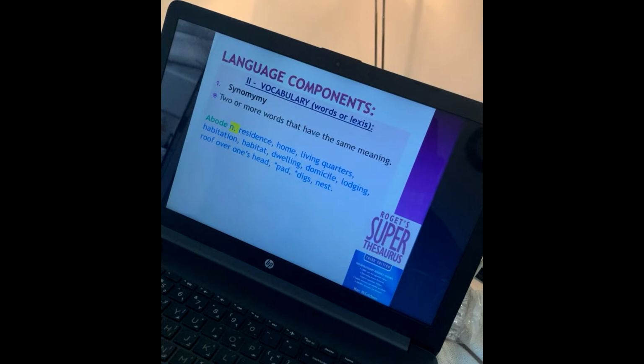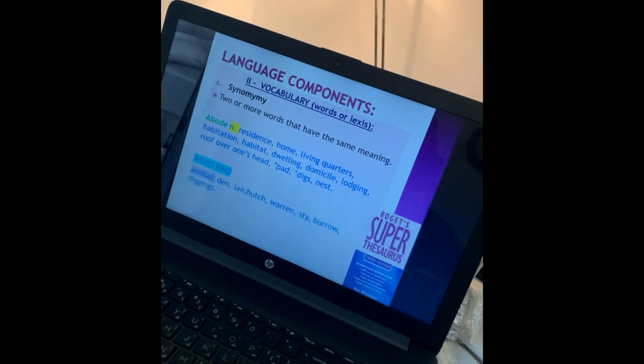If you come across it, then it will be residence, home, living quarters, habitation, habitat, even dwelling, domicile, lodging, roof over one's head, pad and digs, and nest. All of these are synonyms. Of course, they differ in usage from one to the other, depending on the genre and depending on the register: the informal style, formal style, conversational style, and so on.